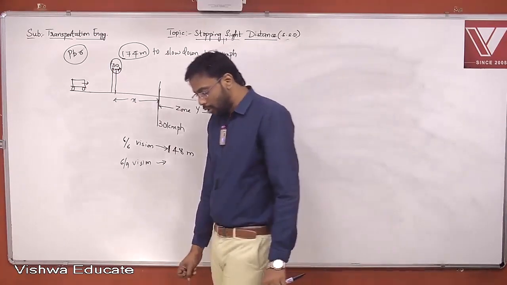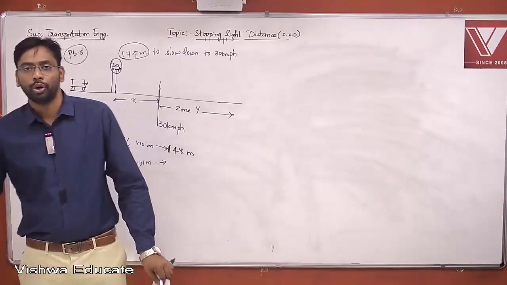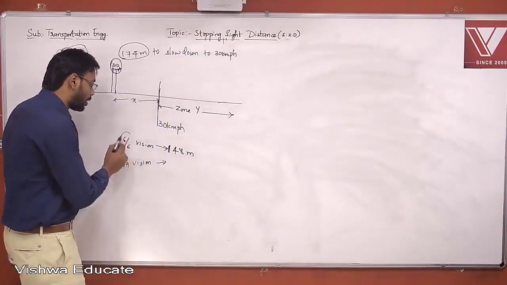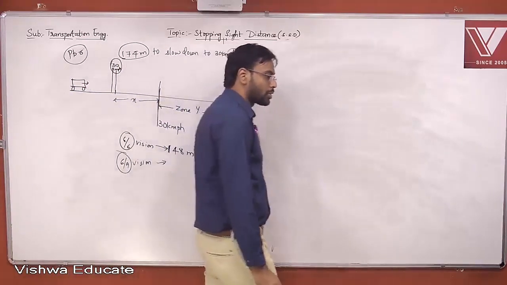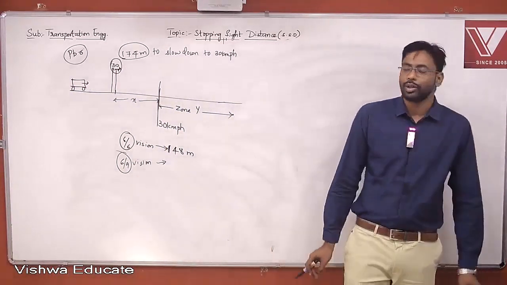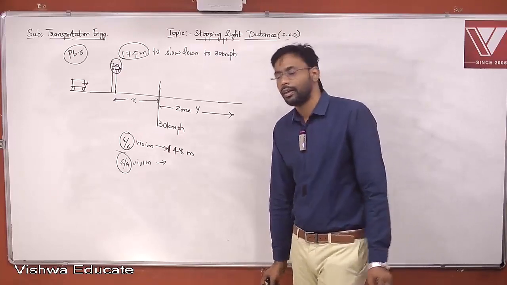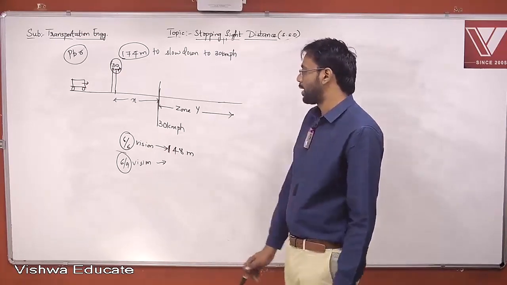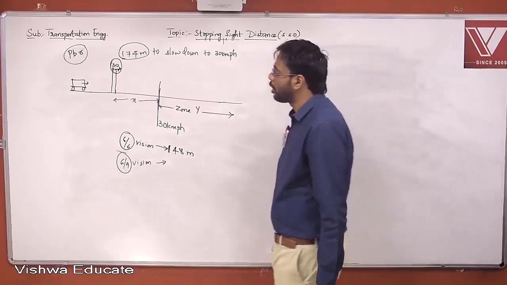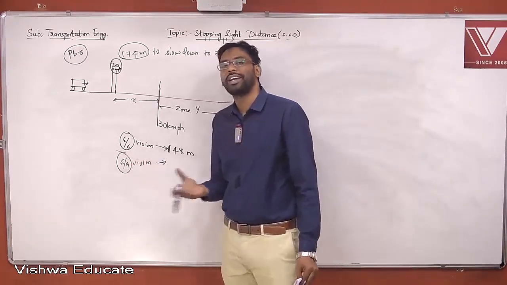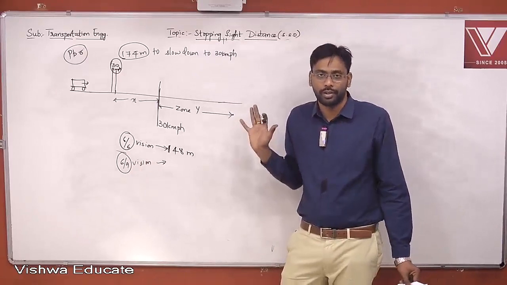Now, to solve this problem, you need to know what this 6x6 vision and this 6x9 vision are. If you know those terms, you can solve it easily. Of course, it is very easy to understand. Generally, if the numerator and denominator are the same, you can take that as a perfect vision person.